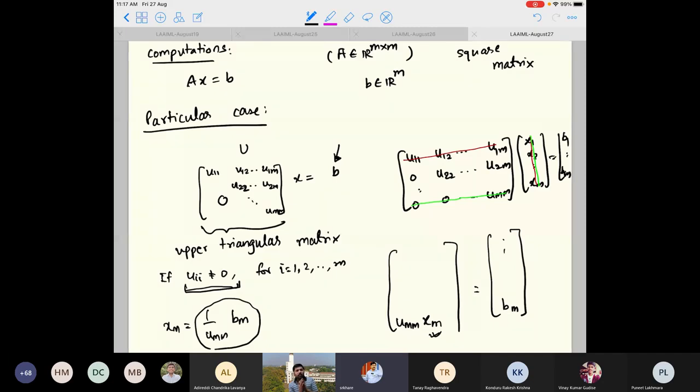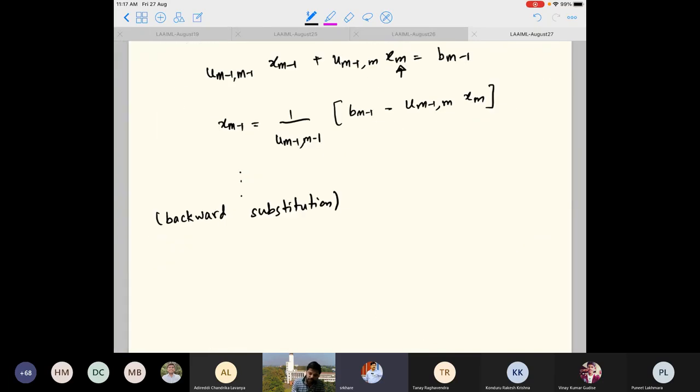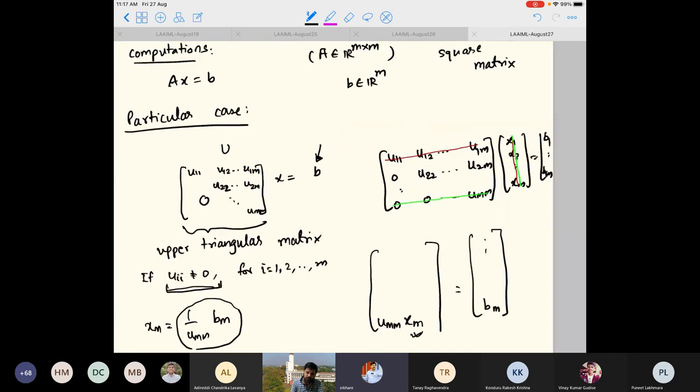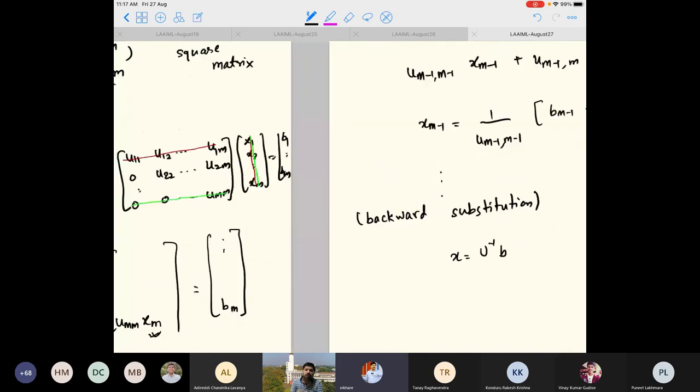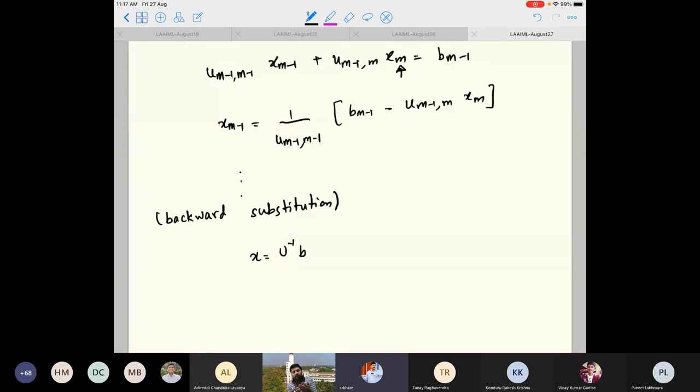So now that you know there is a unique solution, one way to express it was x is equal to U inverse b, or if you compute x using this backward substitution method, you are basically computing the inverse of the matrix U, but you are computing it in disguise.